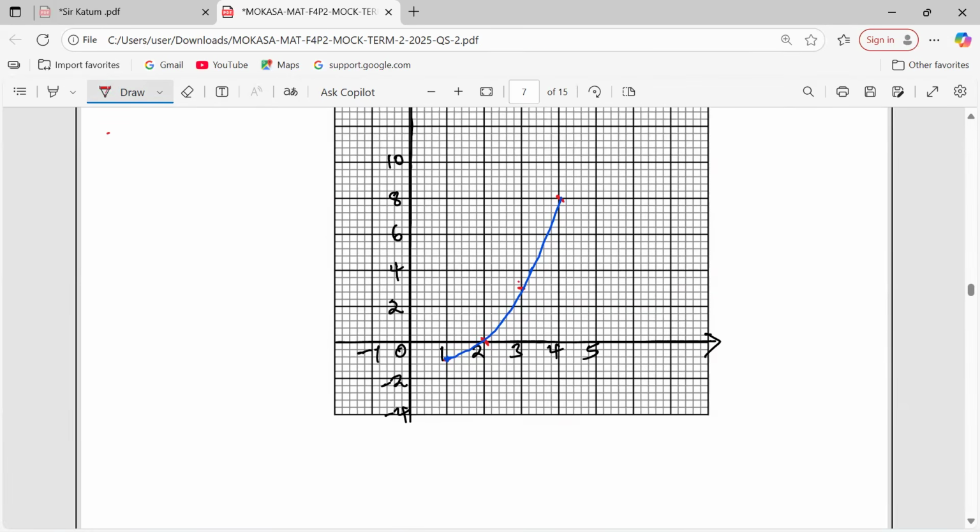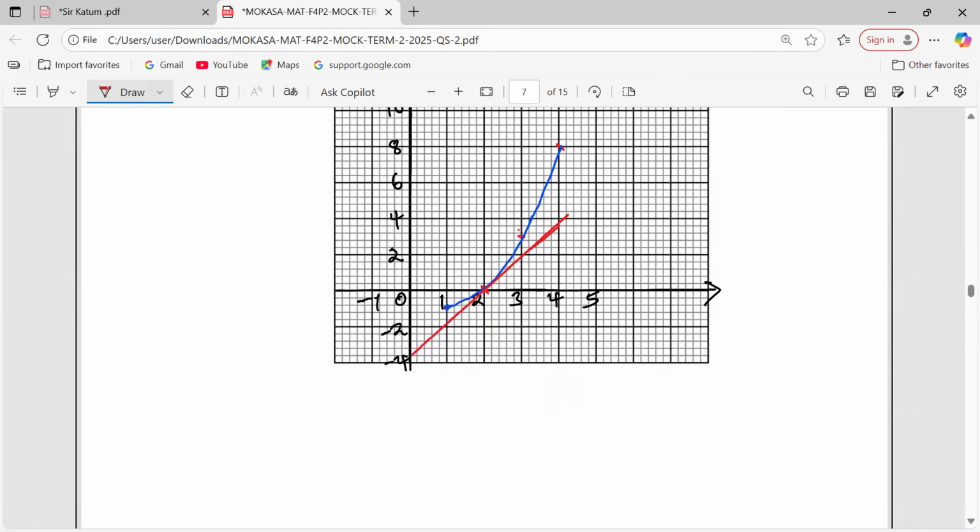Remember, the gradient of a curve usually varies from point to point. So that's a tangent. We can now calculate the gradient of this particular tangent. And how do we get the gradient of this tangent?